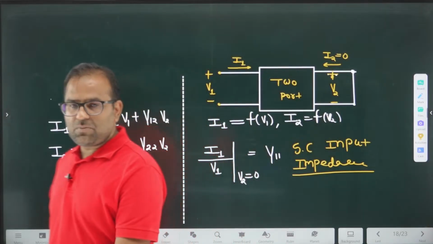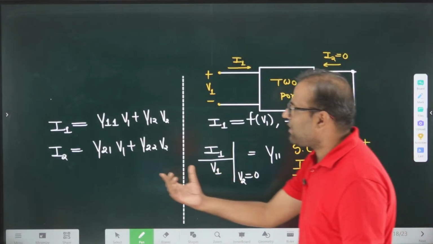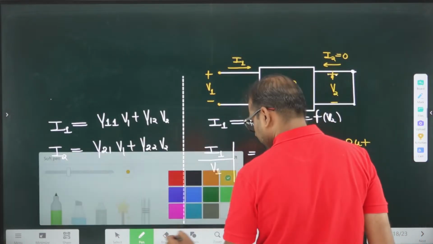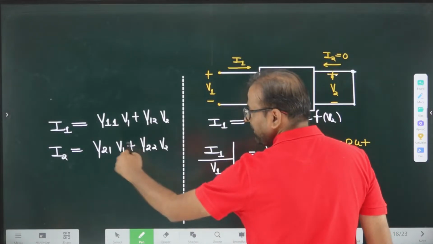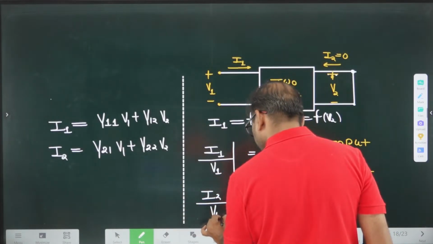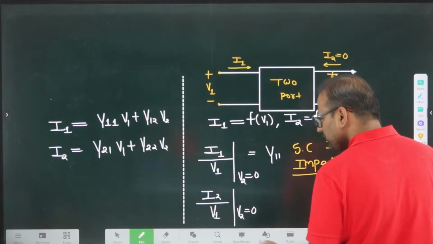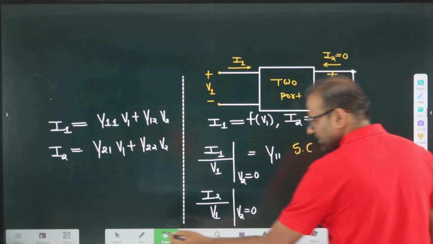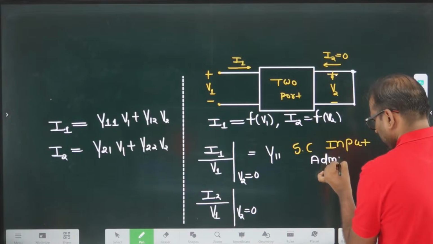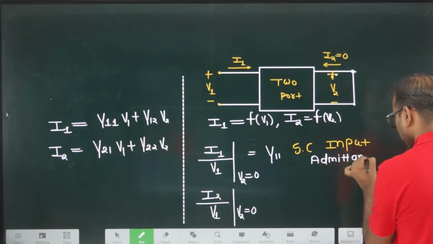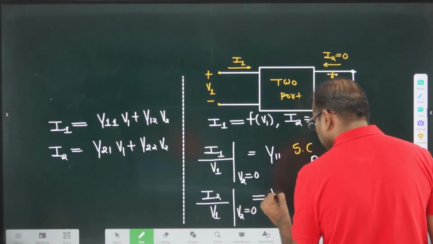One more parameter, by making V2 equal to 0, applying a short circuit at the output, you can measure another parameter, that is known as I2 divided by V1 by making V2 equal to 0, and this is known as not impedance, this is admittance. We can call this parameter Y21.